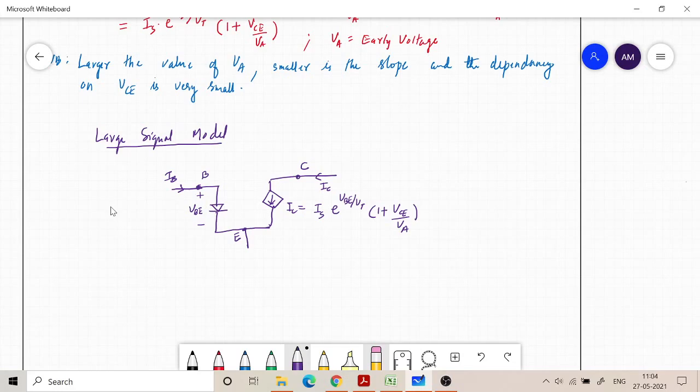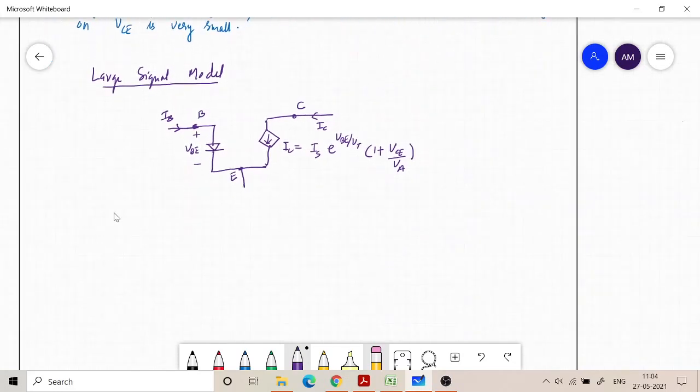All right, so what we need to see next is basically the small signal model. In order to arrive at the small signal model, we take VBE as VBE0, which is basically a DC voltage that you give, plus a delta VBE. Delta VBE is basically a small signal variation.